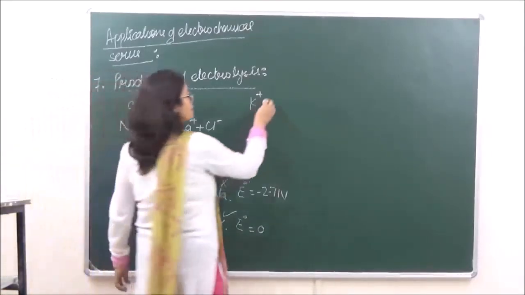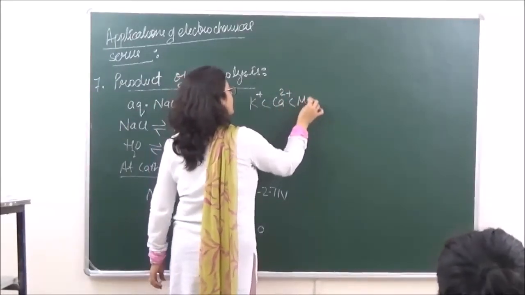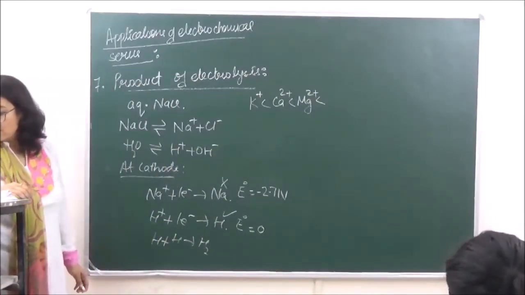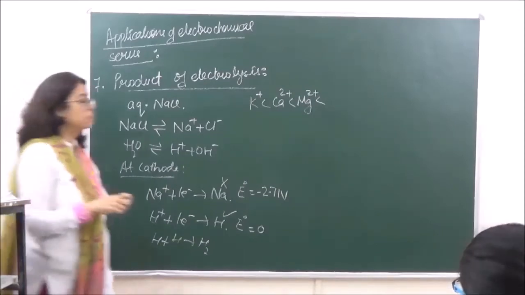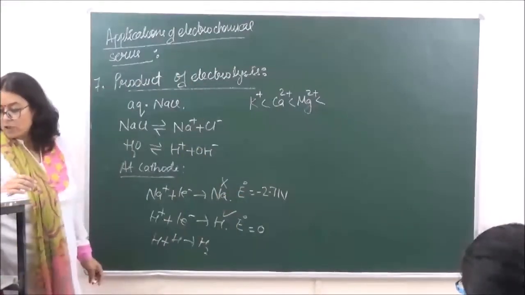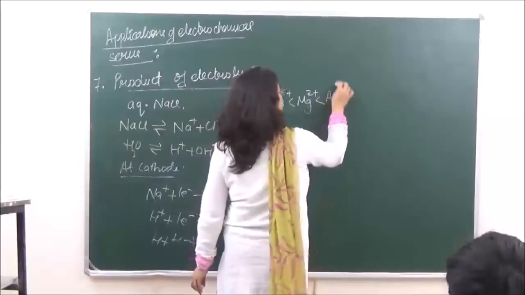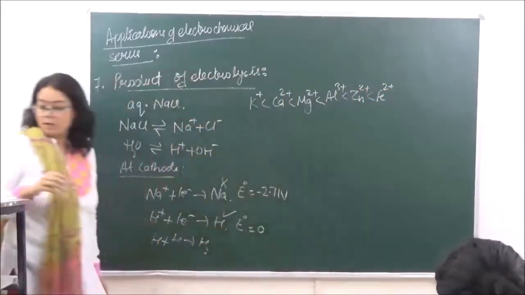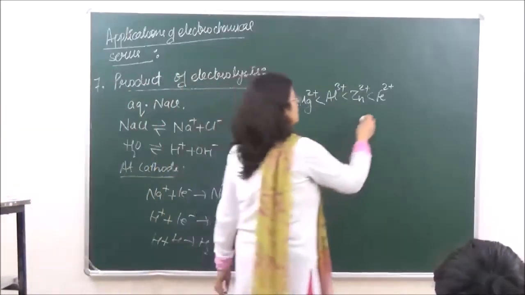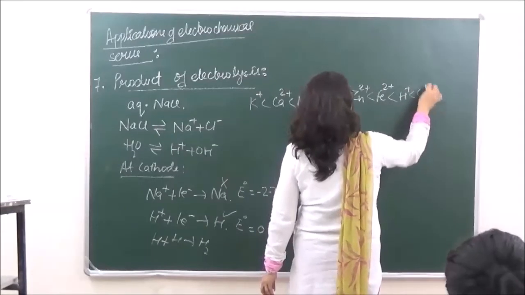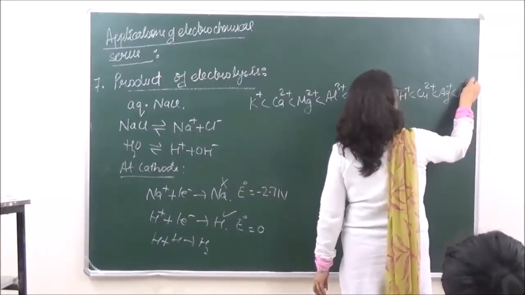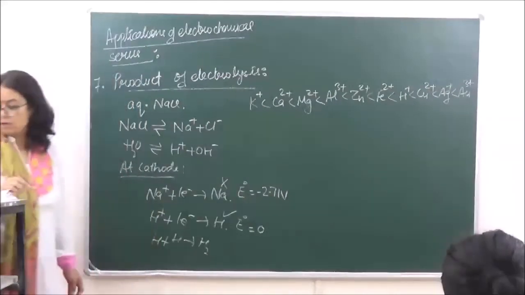Potassium is the lowest, then calcium, magnesium, then aluminium, zinc, Fe2 positive, and then H positive, and then Ag positive and Au3 positive.